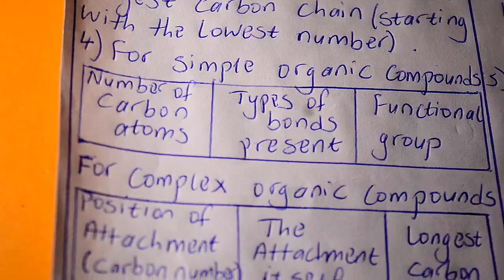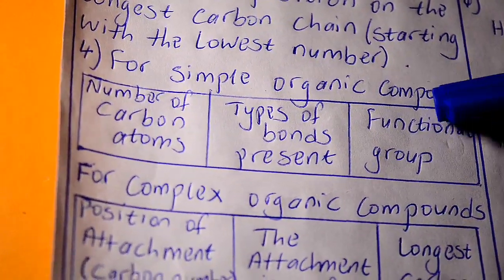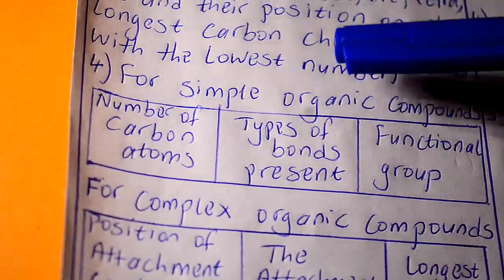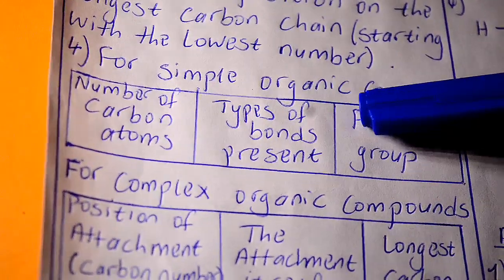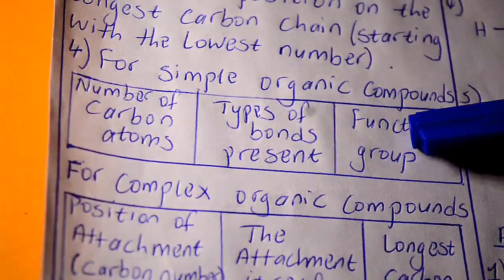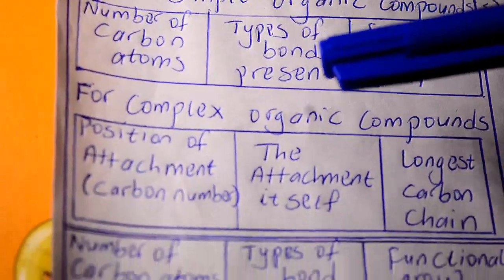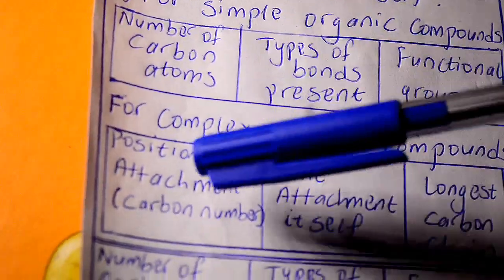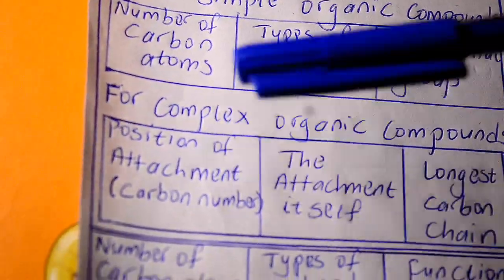If it is a simple organic compound, you use this approach. The first part will be the number of carbon atoms, the middle part of the name will be the types of bond present, and the last part being the functional group. But if it is a complex organic compound, the first part of the name will be the position of the attachment.